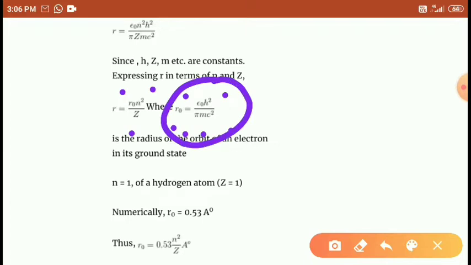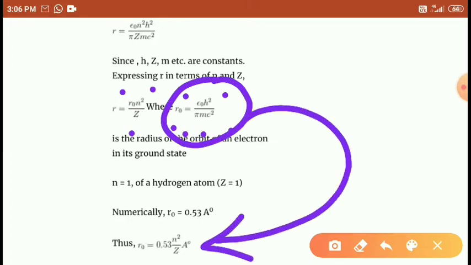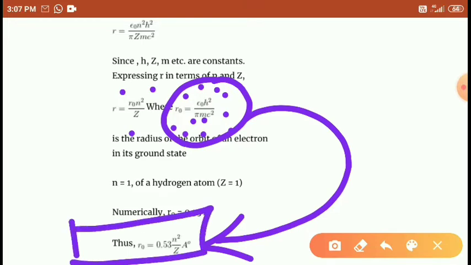If we substitute all the values, like the epsilon naught value, the Planck constant value, the pi value, the mass of electron and the velocity of electron, then we get this formula. This formula is considered the radius of electrons in the stationary state. Radius of electrons in the stationary state. Understood students?